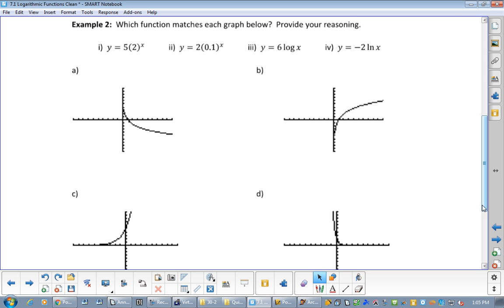See if you can match those graphs without using your graphing calculator by the rules we've learned over and over and over today. Probably out of all units, this would be the easiest unit to get 100% on a test, if you know your rules. Obviously, that's why we're quizzing every day, to make sure we know our rules.